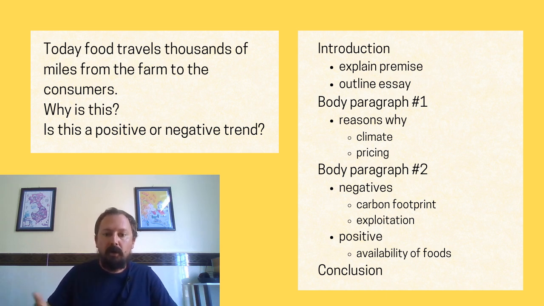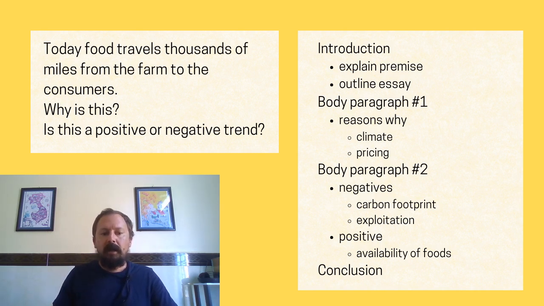Think about things like coffee and bananas. They can't be grown in cold countries, so we grow them in hot countries and send them and sell them to cold countries. I'm also going to mention that paradoxically, this is cheaper. I'll explain that when we look in more detail at my answer, because it's a very strange thing, but I think this is a very good idea to talk about. So that's going to be in my first body paragraph.